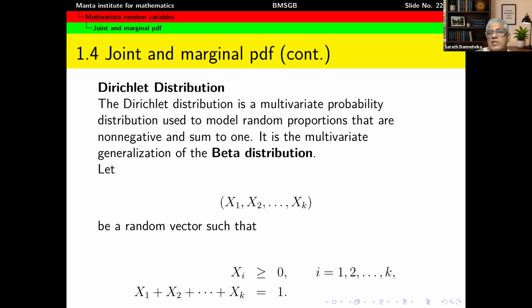So the Dirichlet distribution is actually the multivariate generalization of the beta distribution. You may recall that we discussed this beta distribution in one of the lectures. I have given you that video.